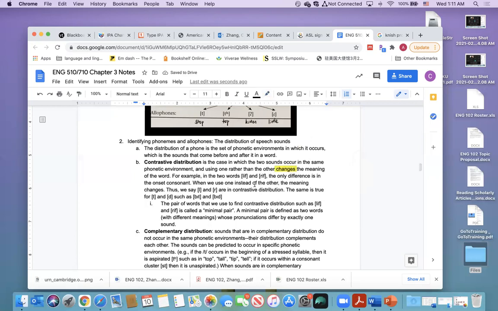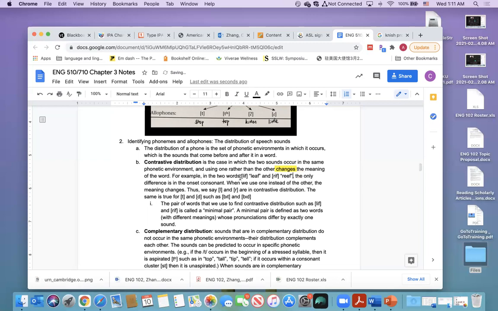For example, in the two words leaf and reef, the only difference is in the onset consonant. Leaf is written as L-E-A-F and reef is written as R-E-E-F.